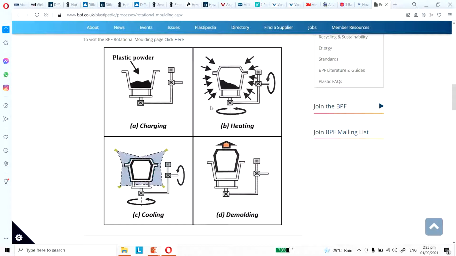If it is rotating, let's say in this vertical axis and in this axis, then the centrifugal force will cause the plastic pellets to stick to the surface of the mold. Once it sticks to that surface and is cooled down, what you'll get is a final shape that is something like this.